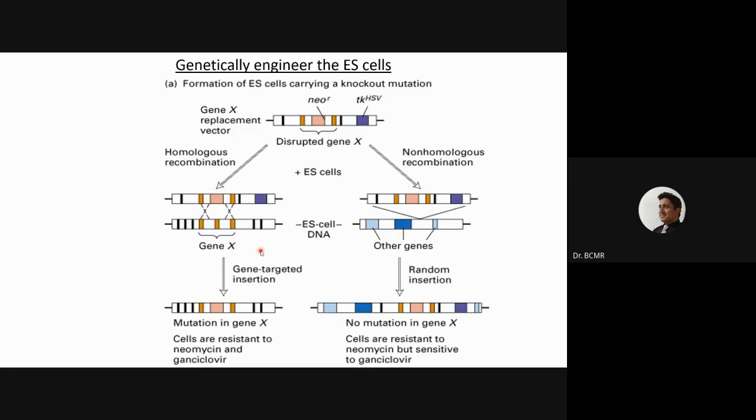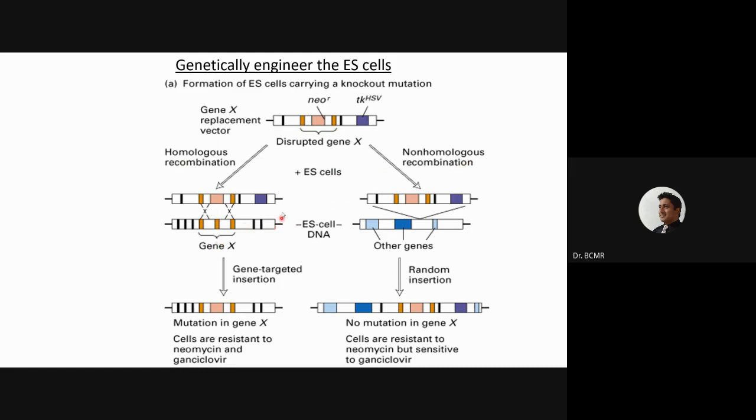For that, we have seen this one, right? Please tell me again, what is positive selection and negative selection we have discussed? Here is a neomycin phosphotransferase gene, and this is the gene that has been disrupted, insertionally inactivated. We have thymidine kinase here. And then when we allow recombination, there are two possibilities: homologous recombination as well as non-homologous recombination.